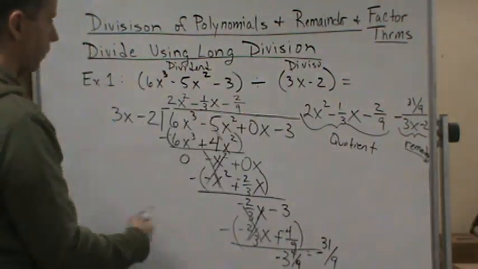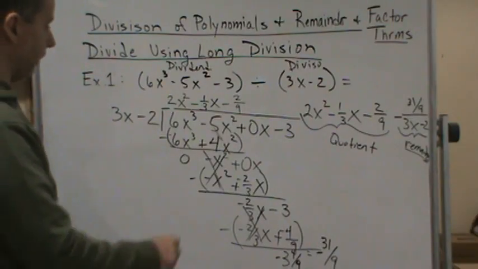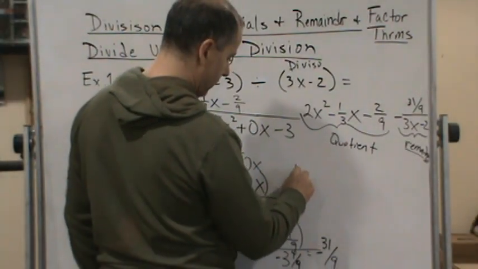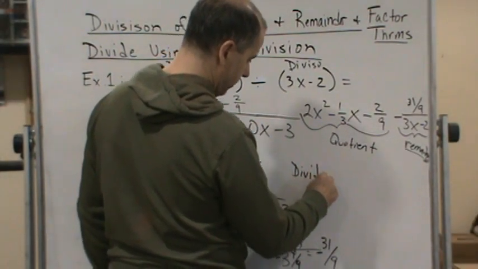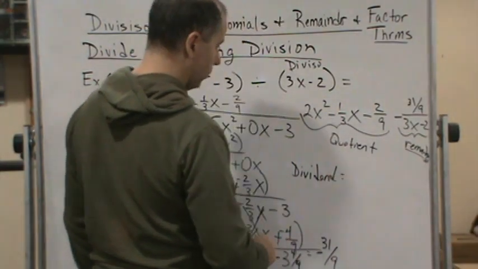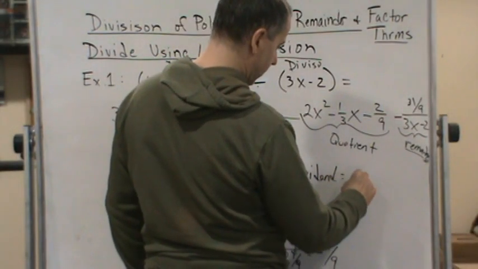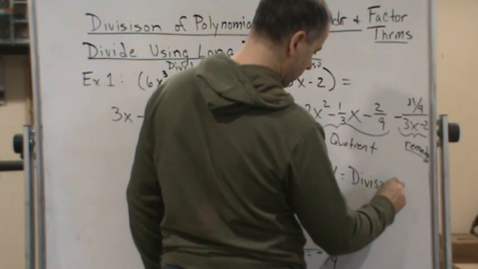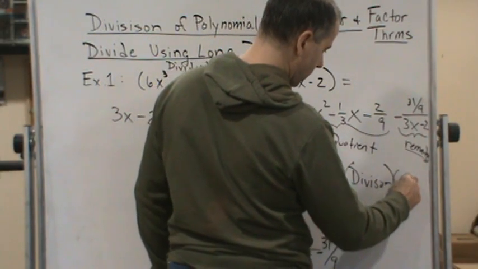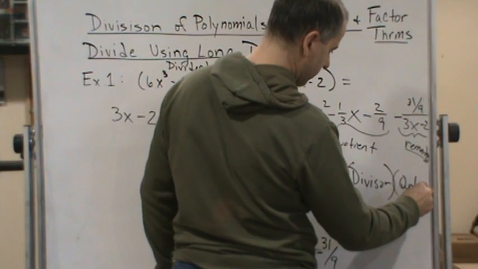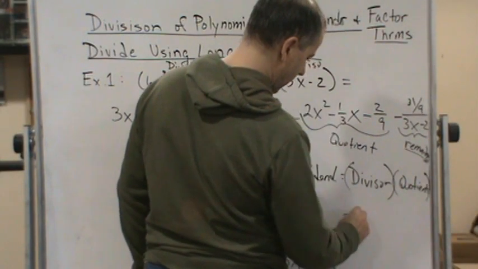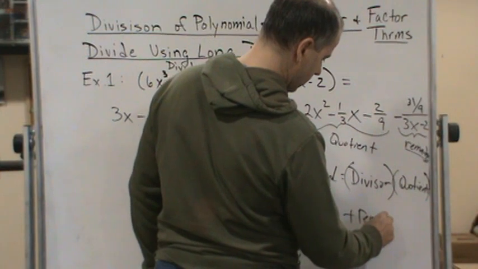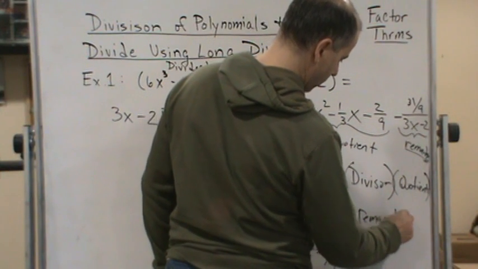If we multiply by the divisor, we get the other way of writing it, which is the dividend is equal to the divisor times the quotient plus the remainder.